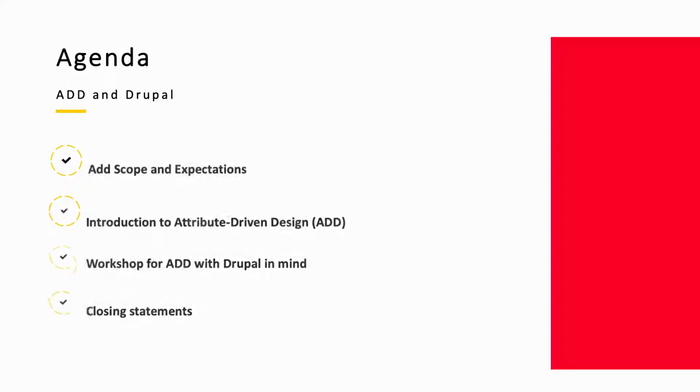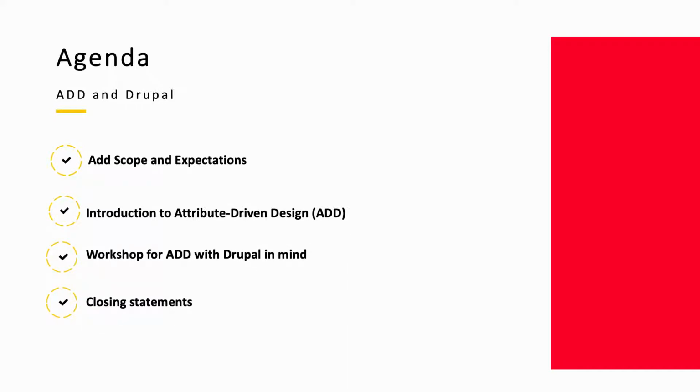Anyways, so today's agenda, I know one of you asked if there was going to be any coding involved. Well, the ADD is, as I mentioned, more of a process similar to some of your agile processes that you have maybe within your development teams. And in this case, it's just doing this process to define the system that you guys are developing.